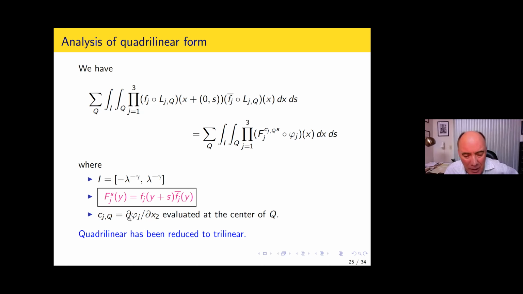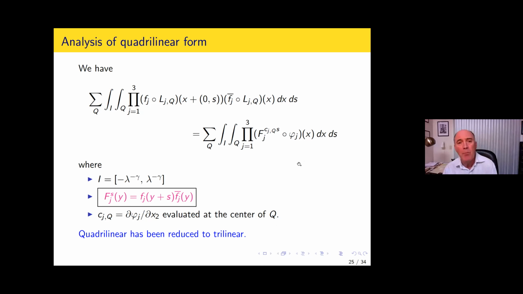It doesn't matter what it is, but it's a certain function evaluated at the center of q, and it does vary smoothly from one cube to another. So the different parameters, the different s's, are interacting with the x variables. You can't separate them out. Okay, but the main thing is that the quadrilinear form has now been reduced to trilinear forms, which is certainly a gain. So we have a large sum of local trilinear forms, and we want to deal with those.